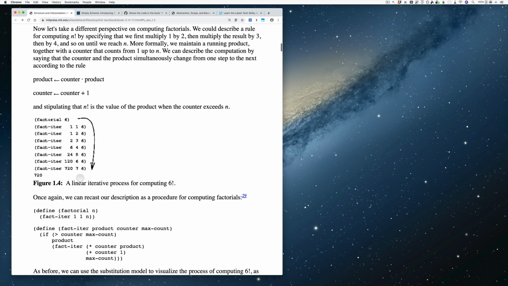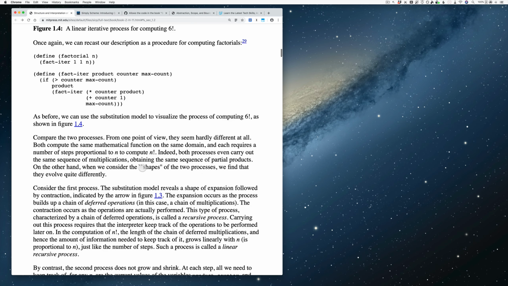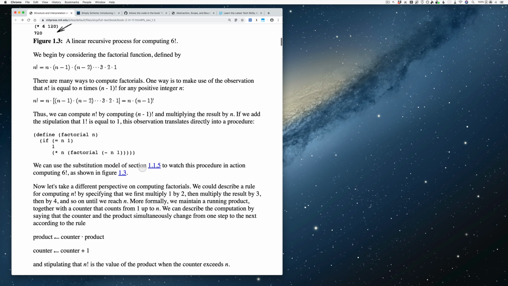That's it. It doesn't matter whether you're at the first step or the final step, or exactly in the middle. You always have three things to keep track of.